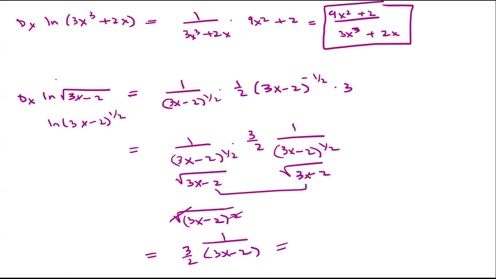Actually, this should be 1 over, right? So that'll be 3 over 6x minus 4. Or 3 over 6x minus 4. Okay.